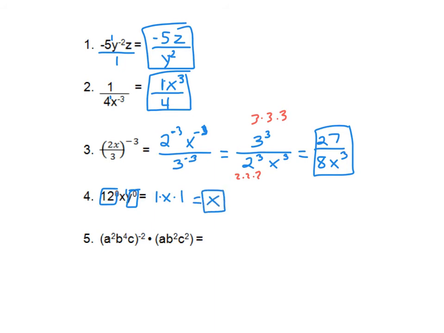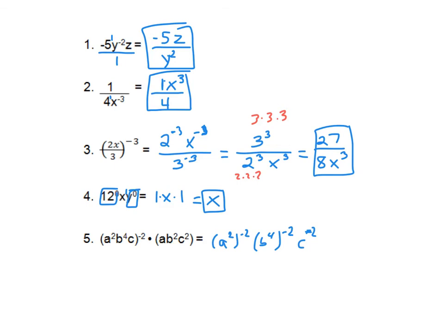And the last one. Again, the first thing I would recommend that you do is take care of any exterior exponents here. Here's parentheses. We've got an exponent that needs to be given to every single factor here. So a squared is being raised to the negative 2, and b to the fourth is being raised to the negative 2, and c is being raised to the negative 2.